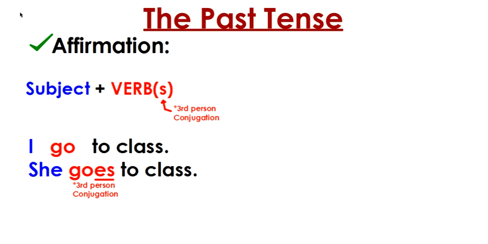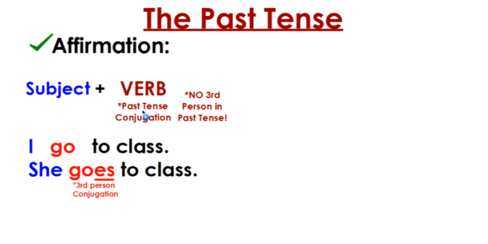Now, for the past tense, let's look at the affirmation. In the past, we use the subject and the verb in the past tense conjugation. And there is no third person in the past tense. So, for example, in this sentence, I say, I went to class.